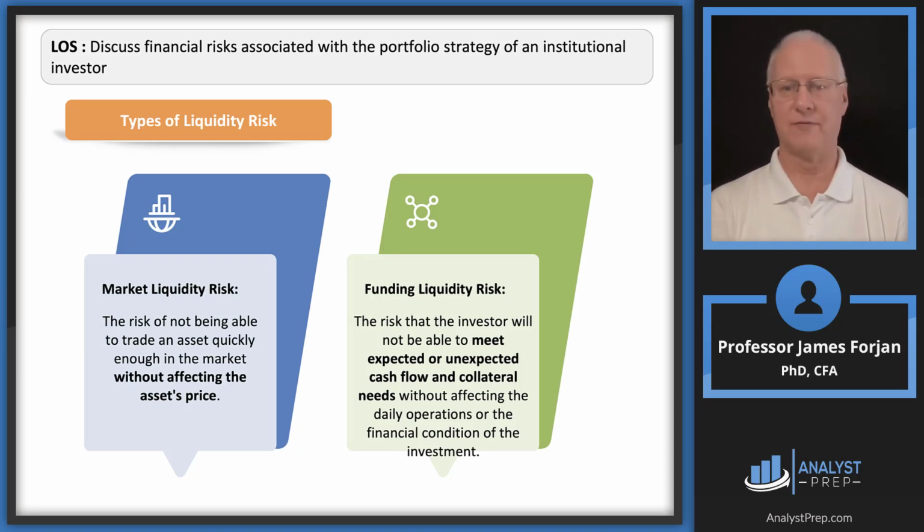Market liquidity risk, funding liquidity risk. These are two separate types of liquidity risk. Remember, what we want to do is sell the asset without having to put out a discount. So we call that liquidity. Embedded in there is that term, marketability. But funding liquidity risk is that we're not going to be able to meet those unexpected cash outflows.